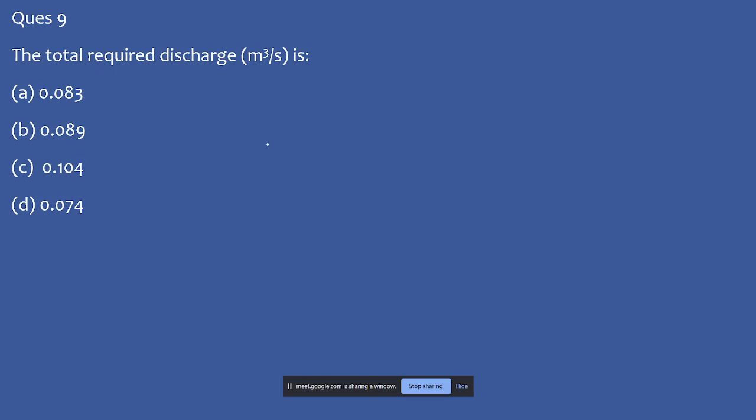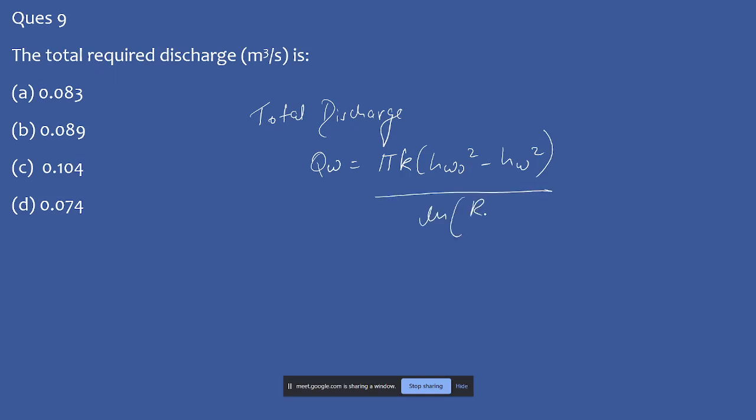Since this is the unconfined condition, the total discharge can be calculated through Qw equals pi k (Hw0 square minus Hw square) divided by ln of the radius of influence minus the initial borehole, meaning the initial well radius.